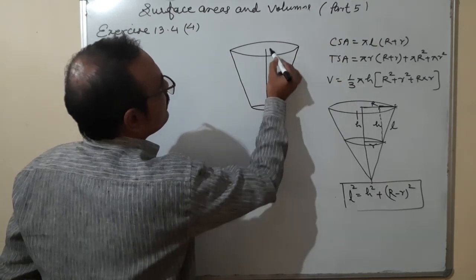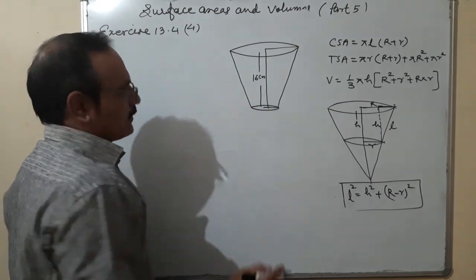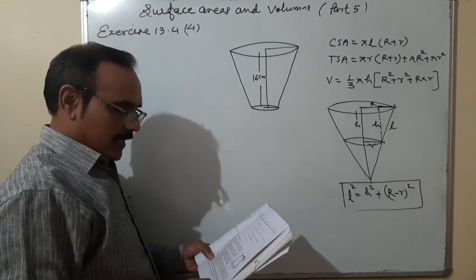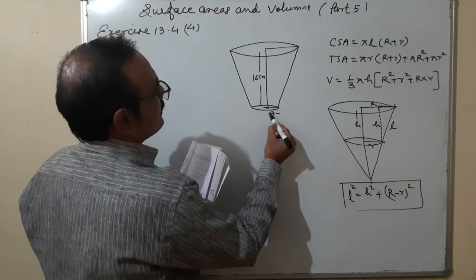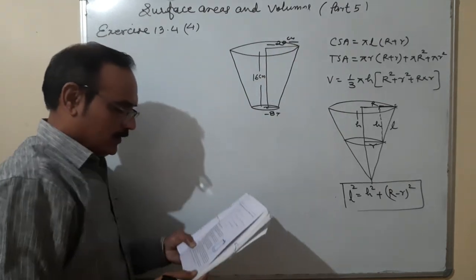Height 16 cm. Radii of its lower and upper ends are 8 and 20 cm, respectively.